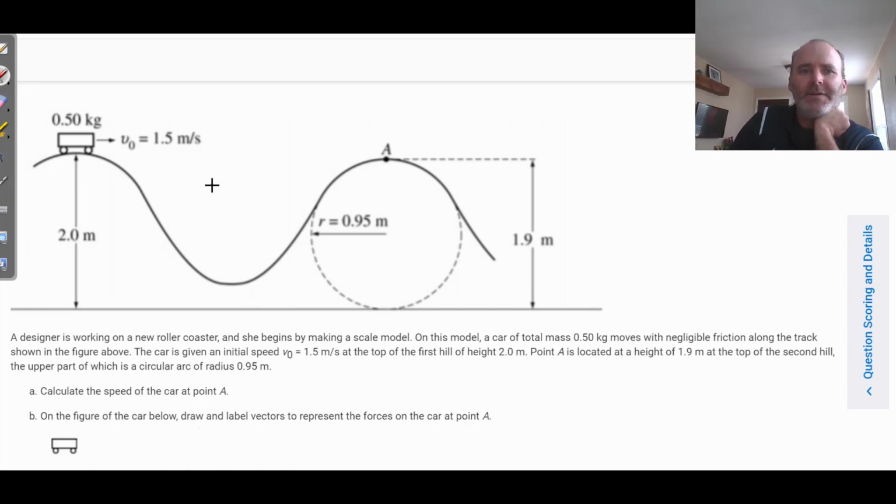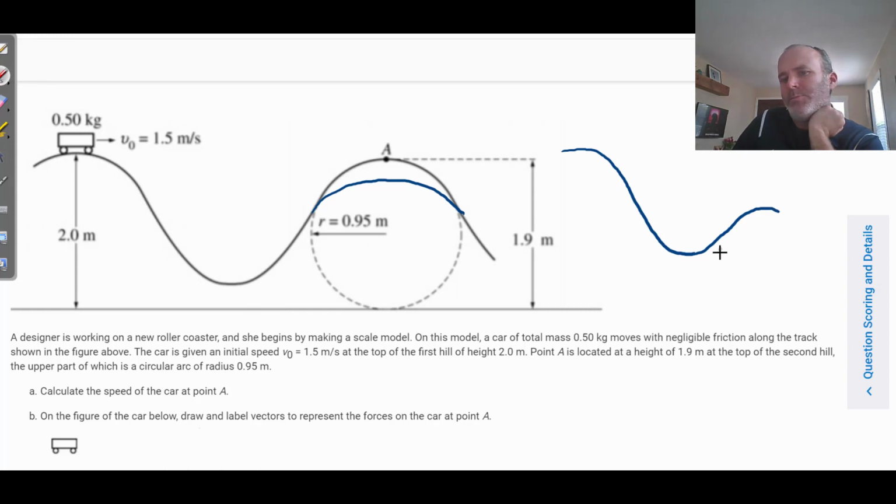To make it faster, I could lower this, so I could lower the track. That would be one scenario. Or I can make a smaller radius, so I could make it come down here and go with a smaller radius. That was really bad. So I can make the loop with a smaller radius.